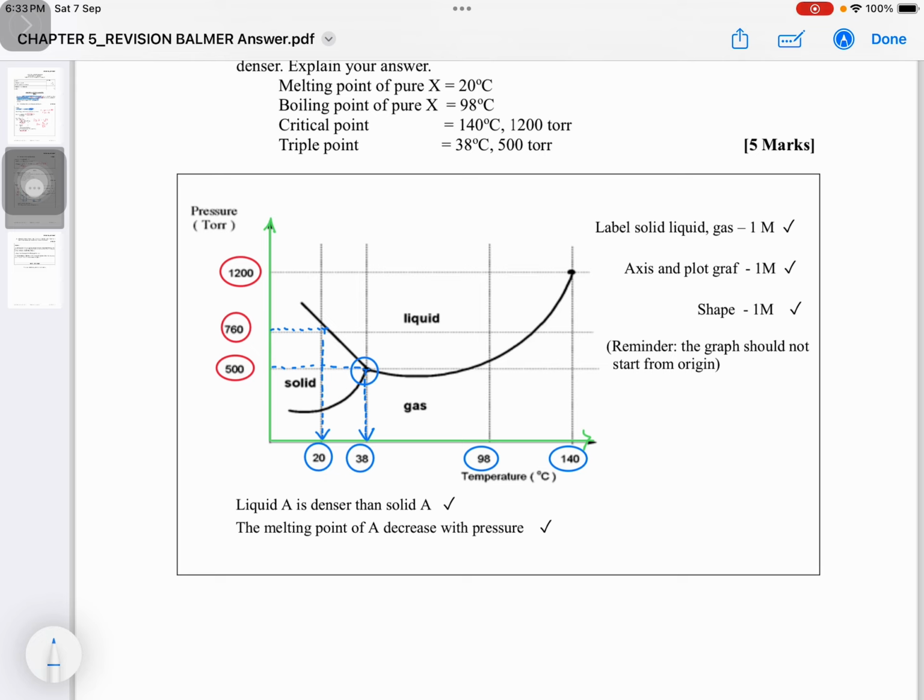While the critical point is at 1200 torr and the temperature is 140 degrees Celsius.